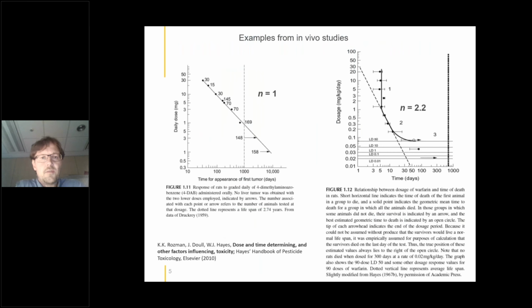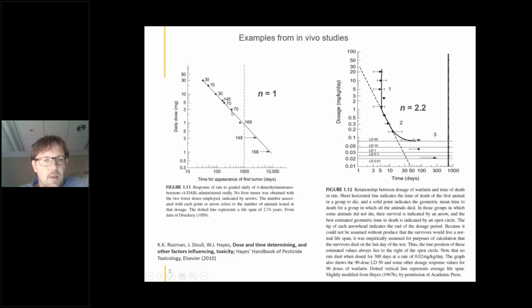So here are some examples from in vivo studies. On the left side, you see this relationship measured for the growth of tumors in rats. On the x-axis you have the time, on the y-axis you have the daily dose, so it was repeated daily exposure, and this relationship shows the moments when the first tumor was found.